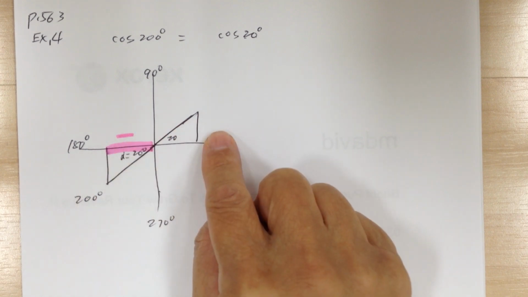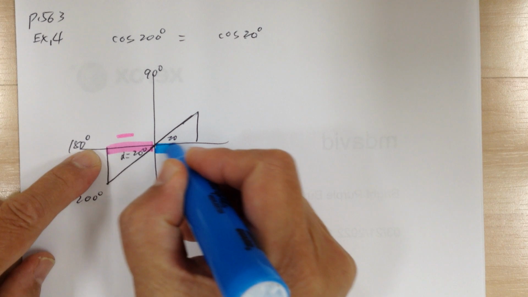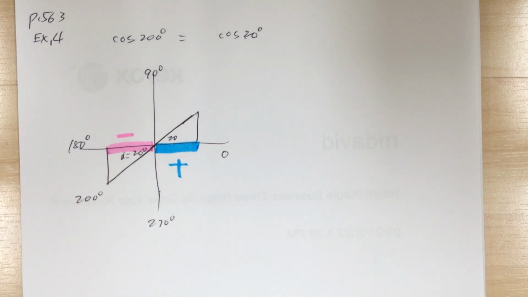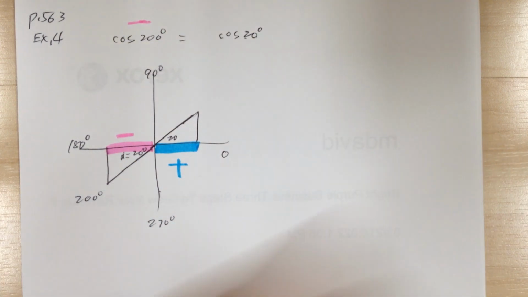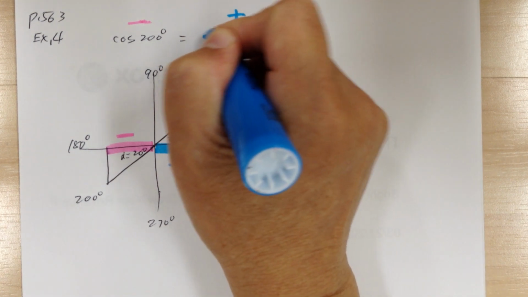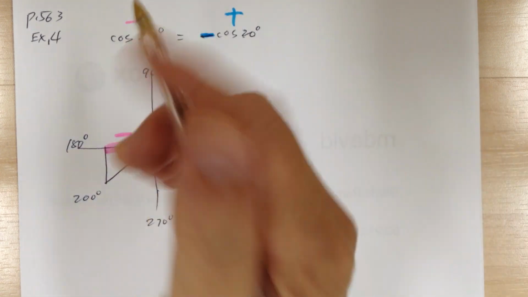So when you make it to quadrant 1 with the same angle, now the cosine is right over here, and this is positive, okay? See that? So this one is negative, this will give you negative. This will give you positive. So now they are not equal. So to compensate for it, you need to put a negative right over here. Okay, so that's what it's equal to. So the thing you have to watch out for is to convert.